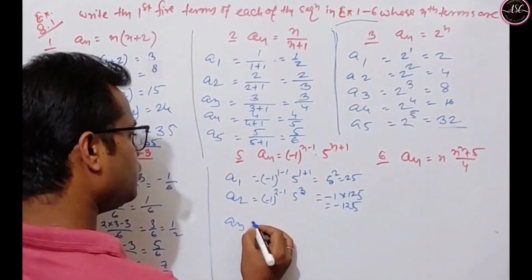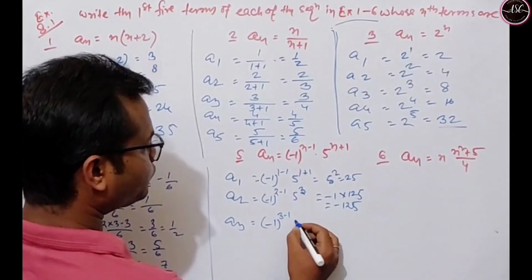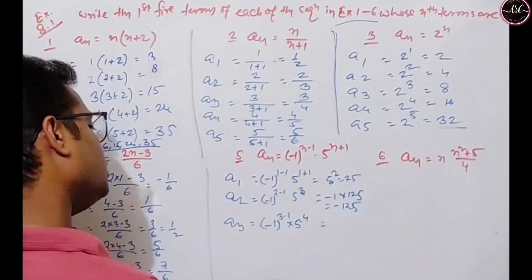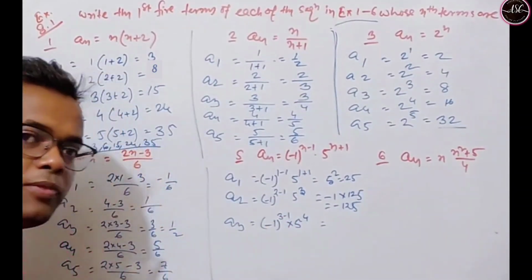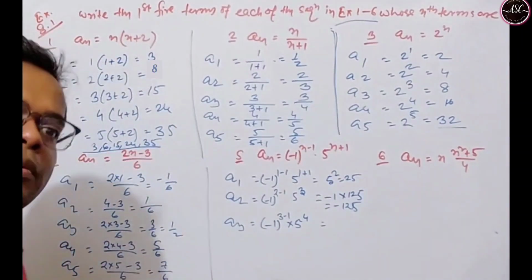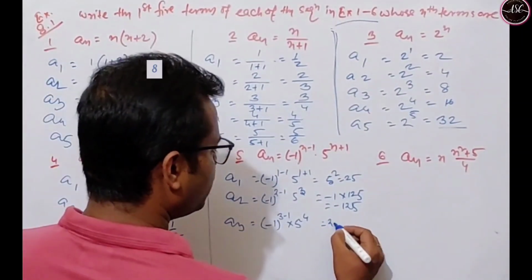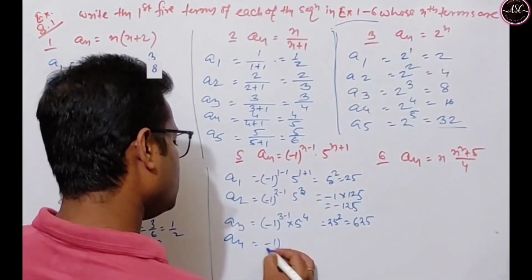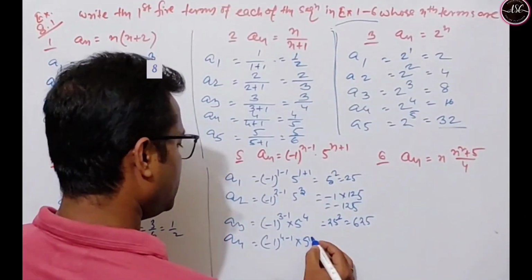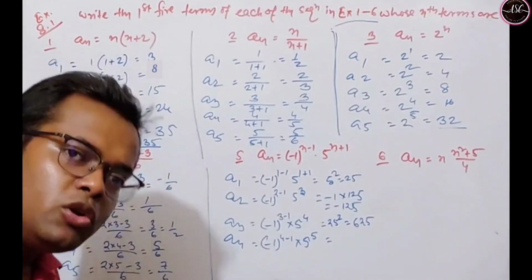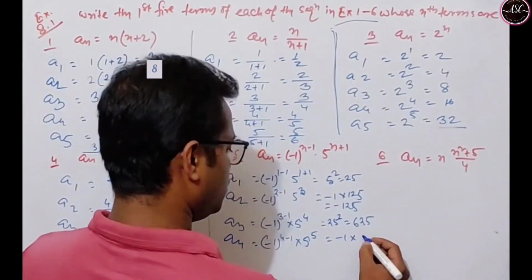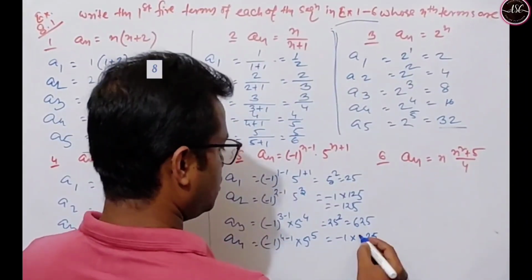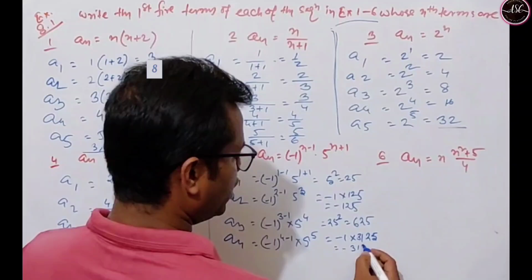Okay. a3 equal to minus 1 to the power 3 minus 1 into 5 to the power 3 plus 1, that means 4. So here 3 minus 1 equal to 2, minus 1 square equal to minus 1 into minus 1, that means plus, and 5 to the power 4 equal to 25 square, that means 625. a4 equal to minus 1 to the power 4 minus 1 into 5 to the power 5, that means cube equal to minus 1. So minus 1 into 625 into 5 equal to minus 3125.